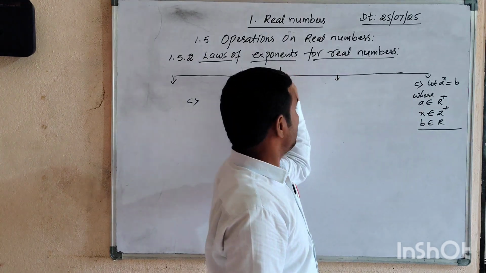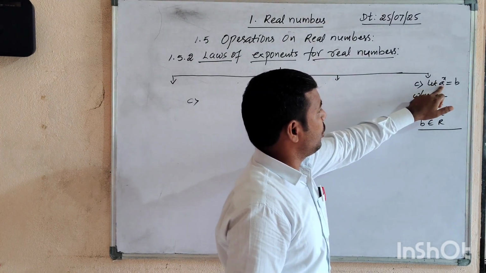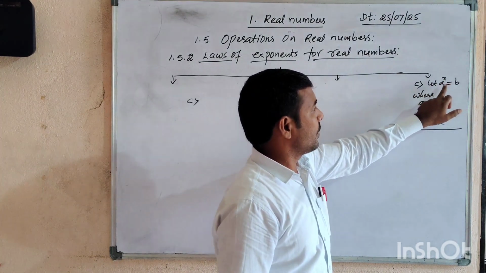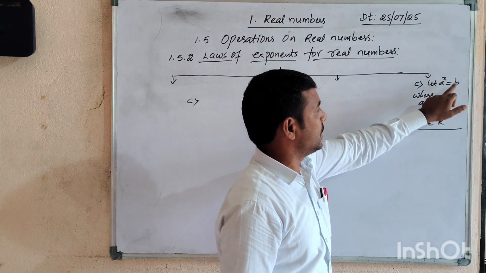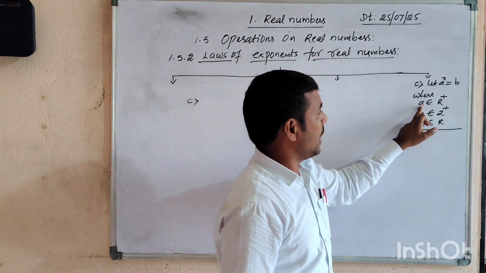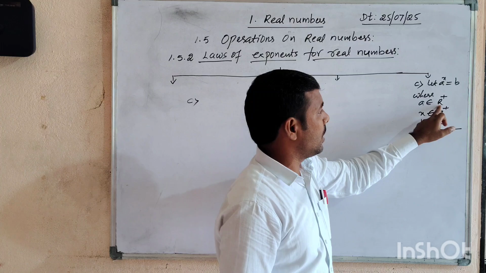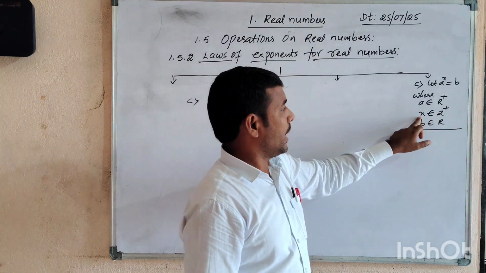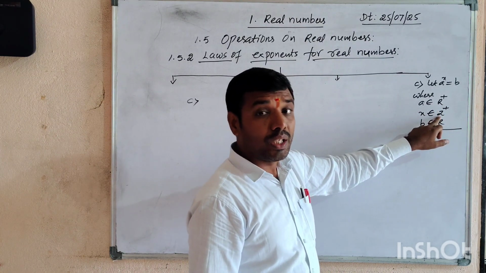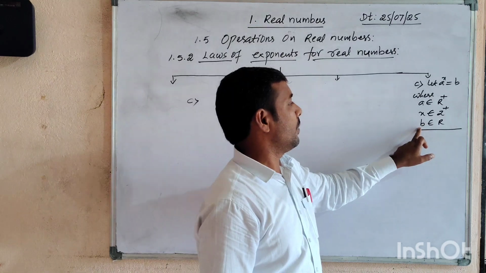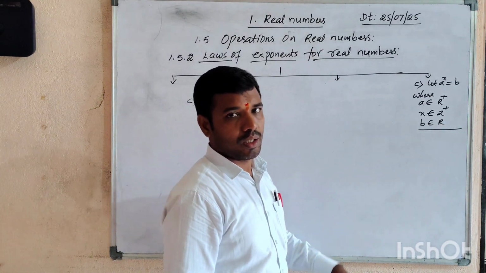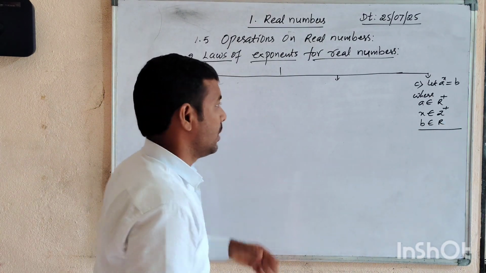It is the last in this topic. Let a to the power of x is equal to b. a to the power of x is equal to b, where a belongs to positive real numbers, x belongs to positive integers, b however it is part of the real numbers.